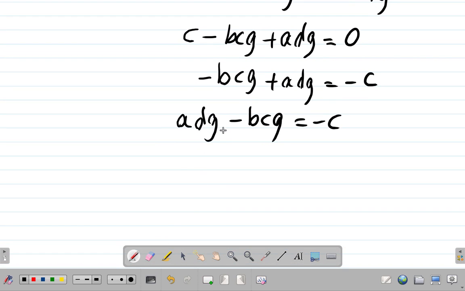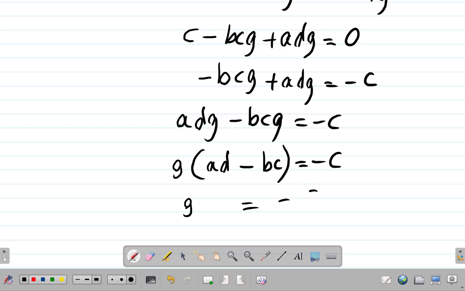Now, if we factorize, we have G outside the bracket and we have AD minus BC inside the bracket, equals negative C. Then if we divide both sides by AD minus BC, which you see is the determinant, we have G equals negative C divided by AD minus BC.